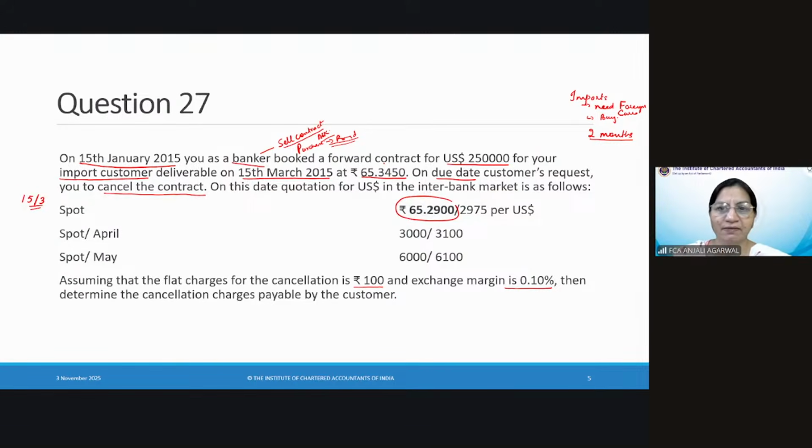Looking at it once again, we have an importer. The importer would need foreign currency, so he wants to buy. Indirectly, the bank sells. So the bank has entered into a sell contract, at the ask rate. But now when he is cancelling, the bank will purchase it from the customer. So the ask rate was 65.3450. The bid rate would be applicable, 65.2900.